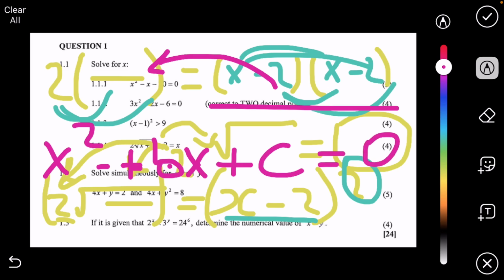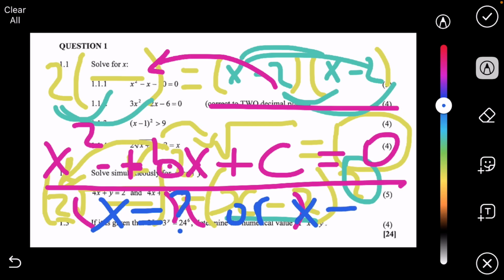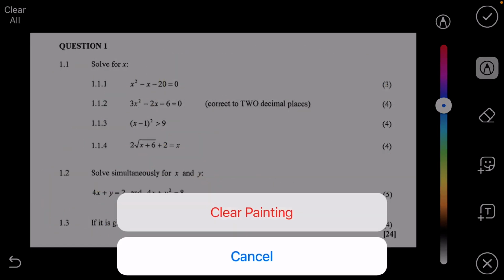As soon as you have a quadratic equation in standard form, that's when you can find the factors. Why do you need to find the factors? Because in the end the question says solve for x, so you must tell what the values of x are. Very important. I assume you fully understand that part.